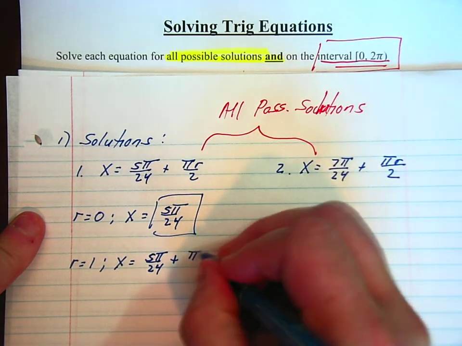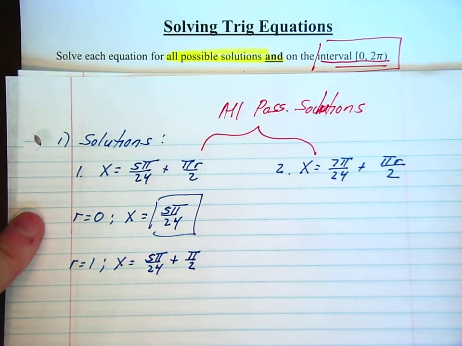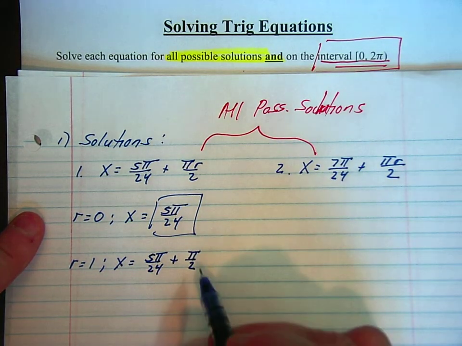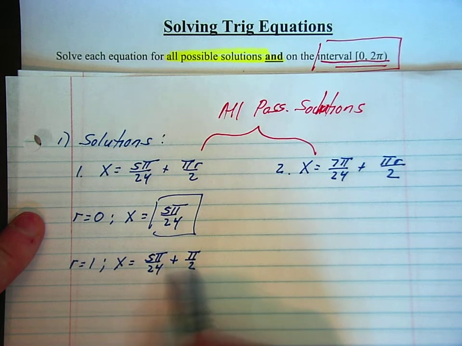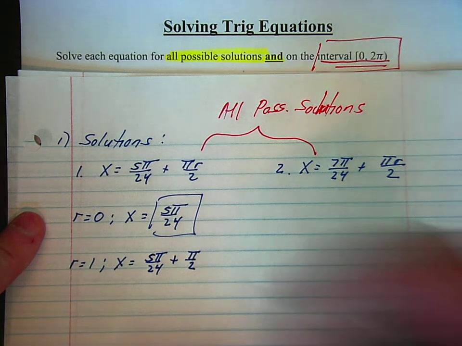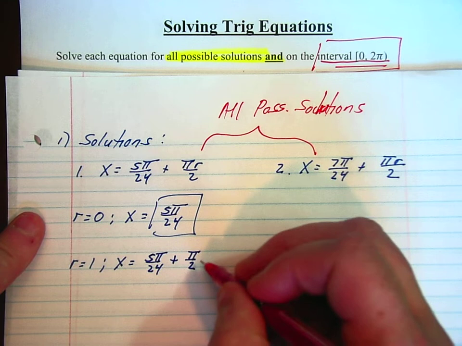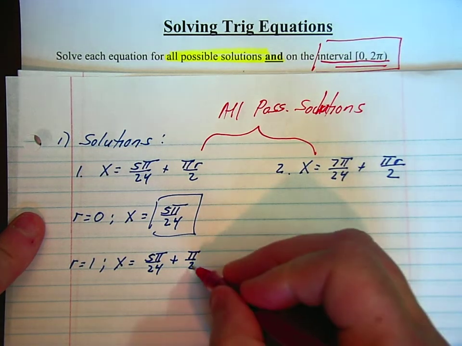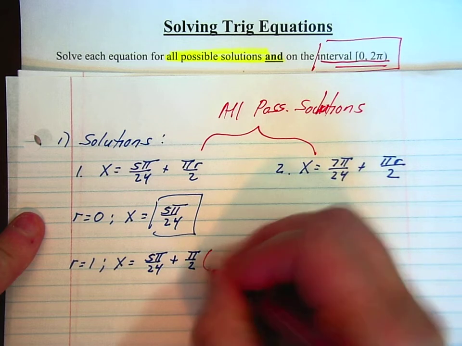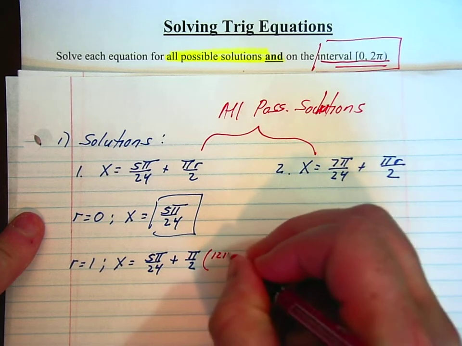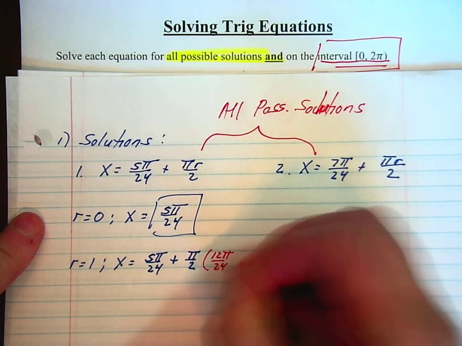That's just going to be pi over 2. So you're going to actually have to add those. Now, most of the time, they're not going to have a like denominator. So if they don't, you're going to have to get a like denominator here, which means I'm going to multiply this fraction by 12, because then it'll have a denominator of 24, and this will turn into 12 pi's over 24.